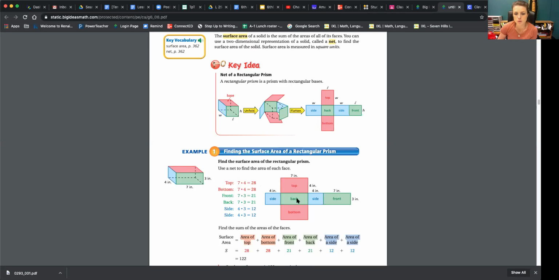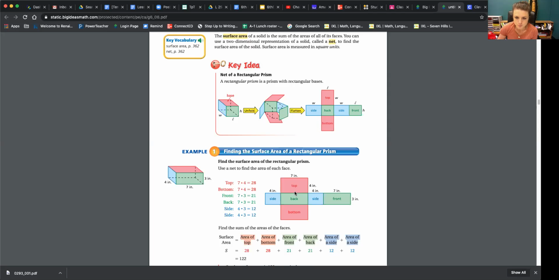Okay, then we can go to the green, which is the front and the back. So this rectangle in the middle, we don't know exactly just by looking at it. We don't have these sides labeled. So what we need to do is look at the sides that are nearby it that are going to be worth the same. I know that this is 7 because it goes from this edge to this edge. And if I go to my green rectangle, I see that it's the same distance for the edge of this rectangle, so it's also going to be 7 on this side.